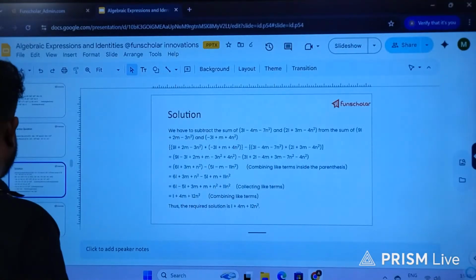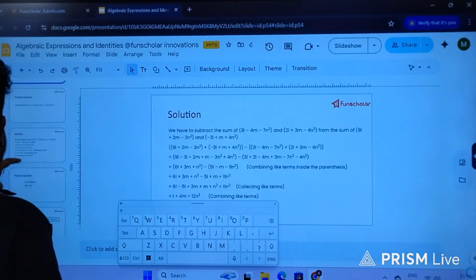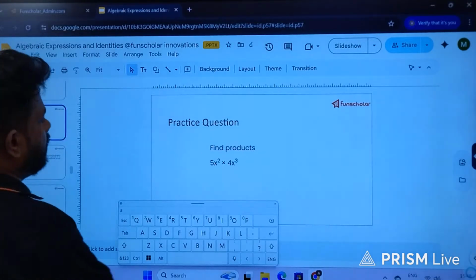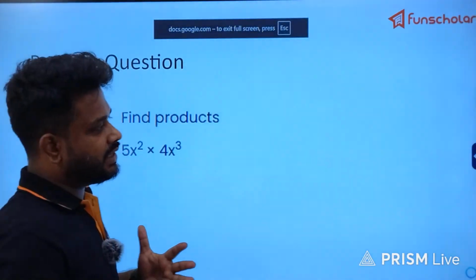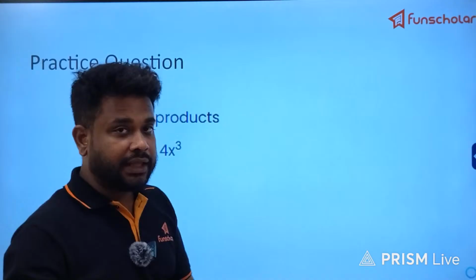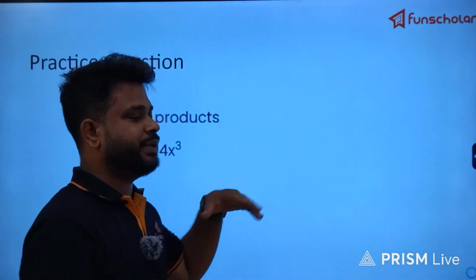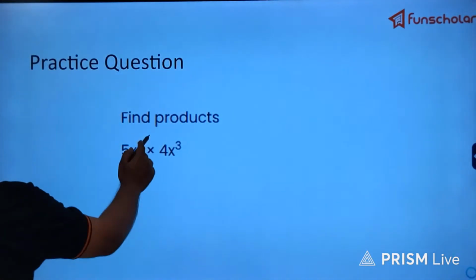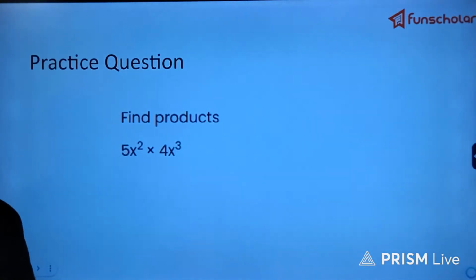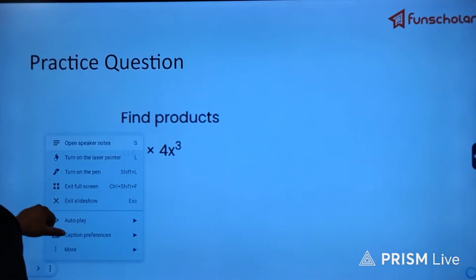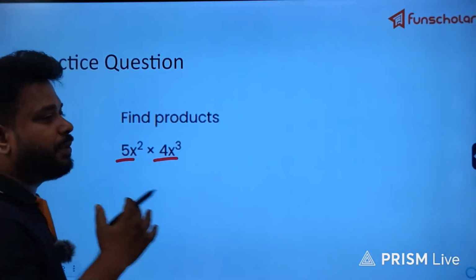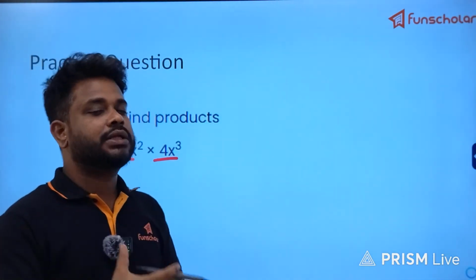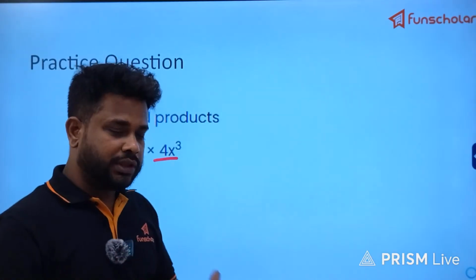The next is multiplication. We have learned or discussed in the beginning of the class how multiplication can be done between the monomials or binomials or trinomials, or in general with the polynomials.